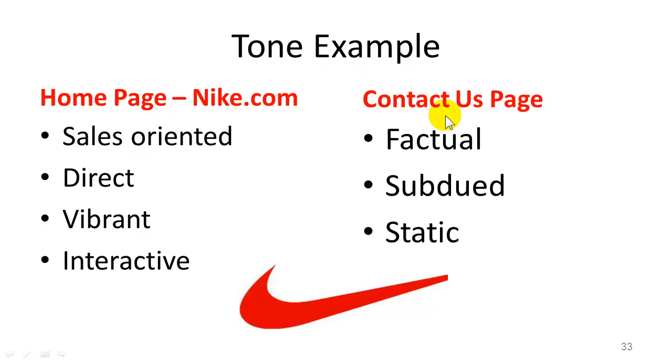Now, on the Contact Us page, the tone will be different. It's going to be more subdued, factual, static. It's not going to be as vibrant, as interactive. So here we have an example where the voice on the Nike site will be consistent from page to page, but the tone will vary based on the content and the functionality of the different pages.